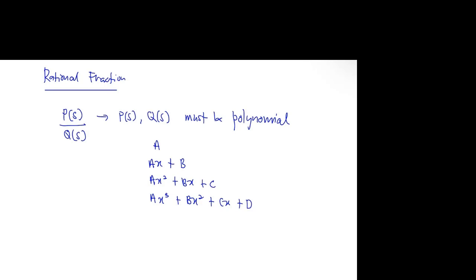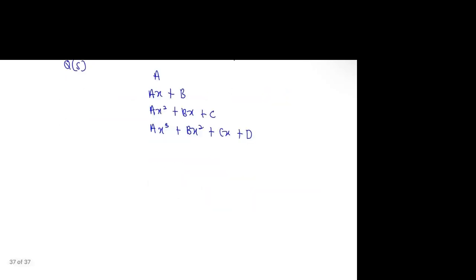And then, in order to use this property, let's say we have a rational fraction: ax squared plus bx plus c over ax plus b. This fraction we call an improper fraction.